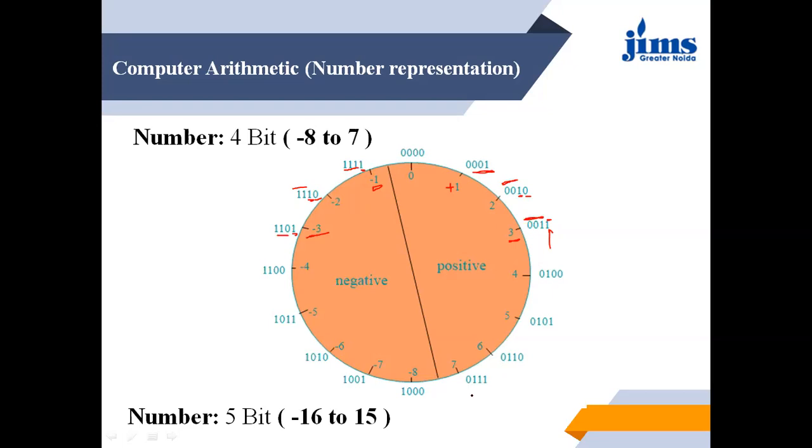And the same you can find for +7 and -7. For +7, this first bit is 1, so we write the first bit as it is, and after that all the bits are going to change from 1 to 0 and 0 to 1.